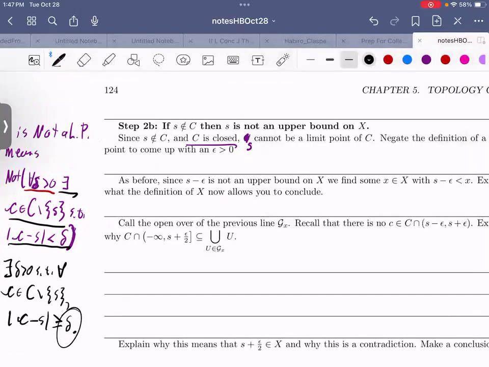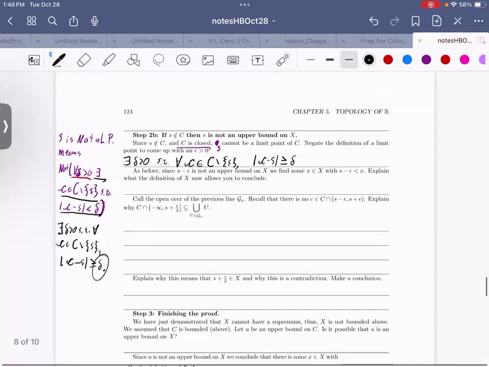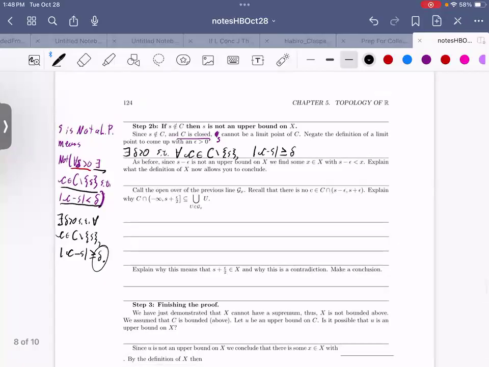So, there exists an epsilon bigger than 0, such that for all c in C minus singleton S, absolute value c minus S is bigger than or equal to epsilon. Let's go to the next page.